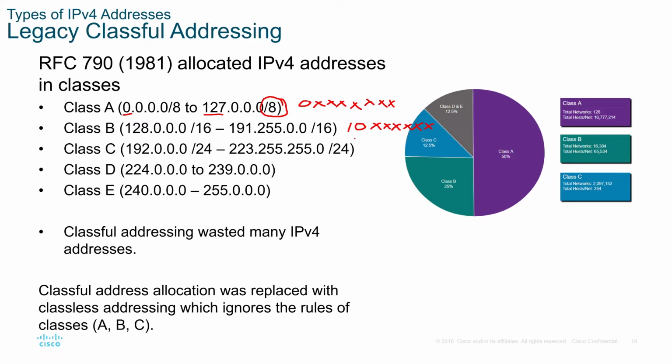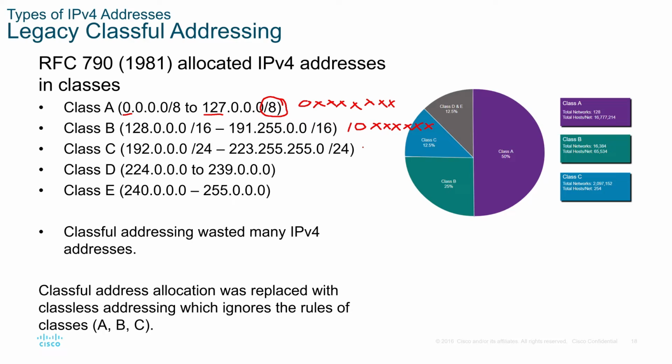So it always starts with 1, 0, and then could go from 1, 0, 1, 1, 1, 1, 1, 1, all the way down to 1, 0, 0, 0, 0, 0, 0, 0. This gives us a range of 128 through 191.